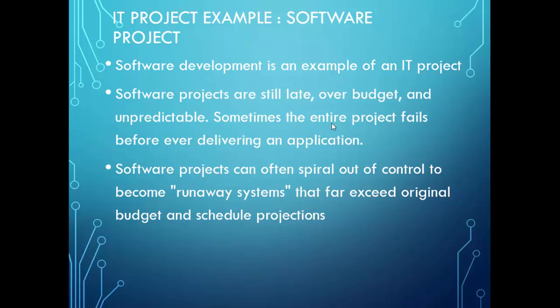As an example of an IT project, we will look at software development. A software development project might be late, might be over budget, might be unpredictable. Sometimes the entire project fails before even delivering the application, and the reason is that we have lots of uncertainty and risk associated with software development.